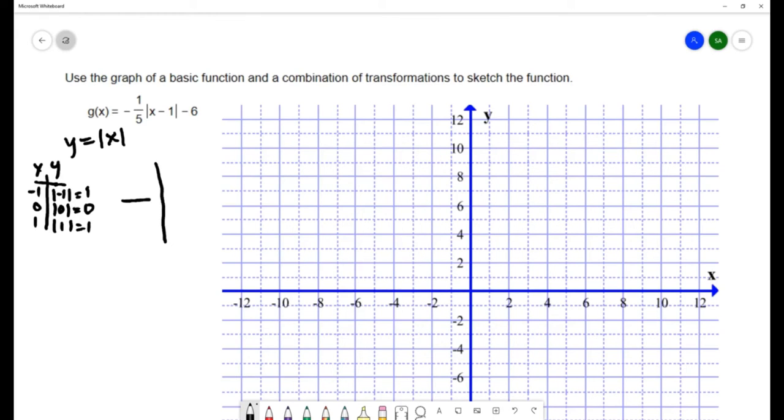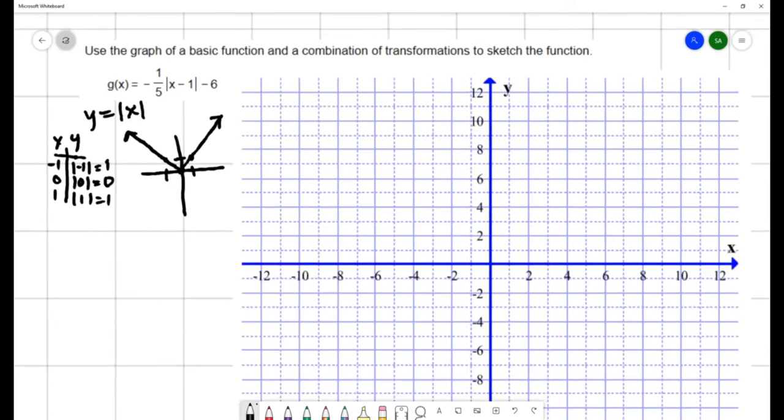So this is one we work with a lot, so you're probably familiar that this graph takes on the shape of a V. We have (0, 0), (1, 1), and (-1, 1). And we get straight lines that come to a point creating that V. So this is our starting graph, and we want to work through what transformations we have.